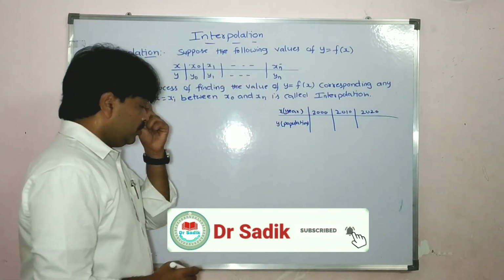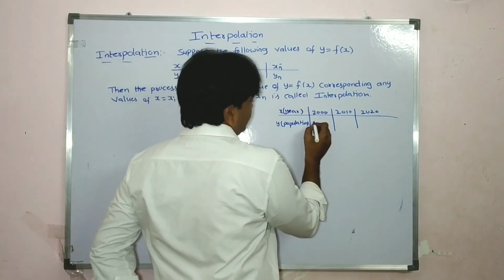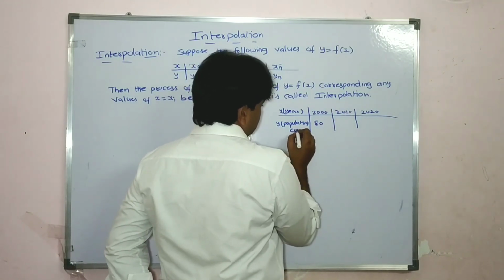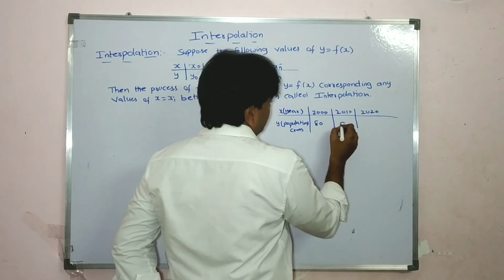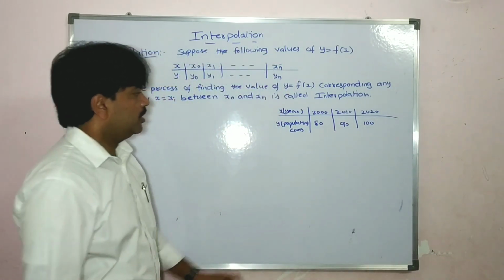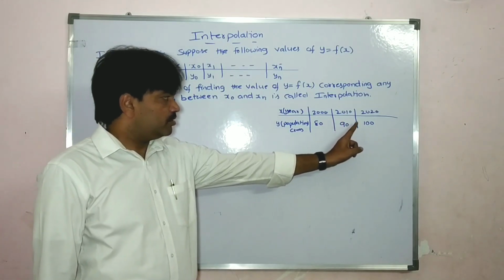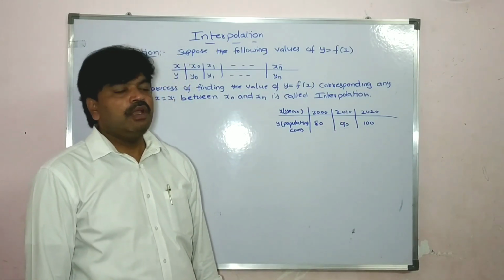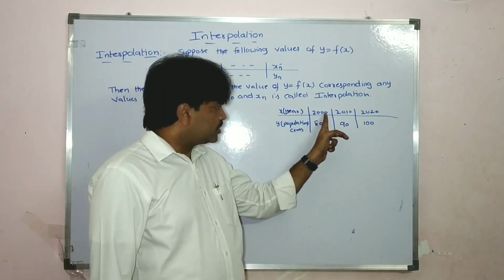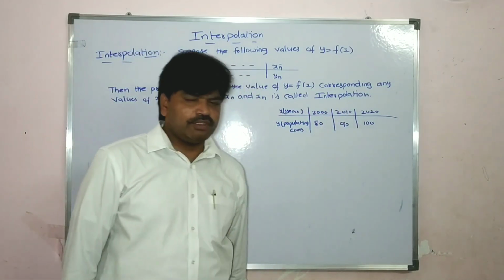Suppose the population is 80 crores, 90 crores and 100 crores. Population in crores, students. So we are given the years 2000, 2010 and 2020, students.